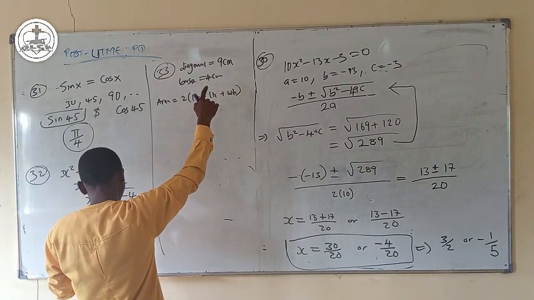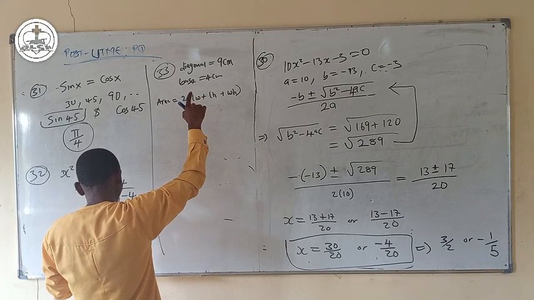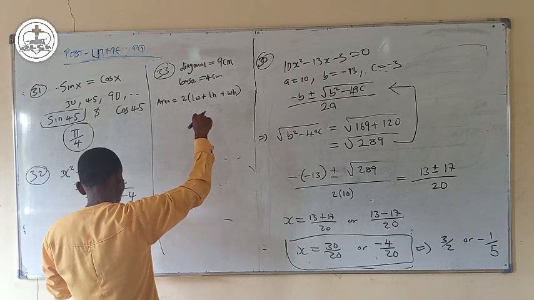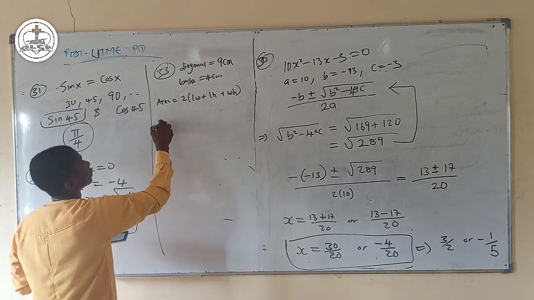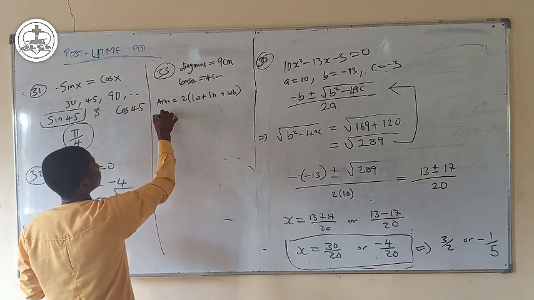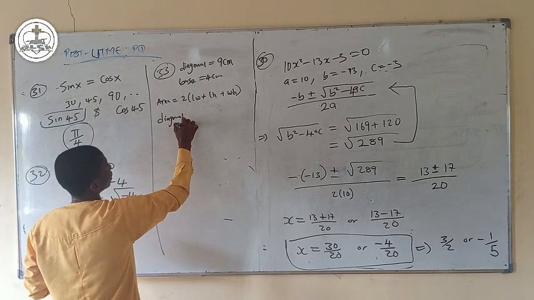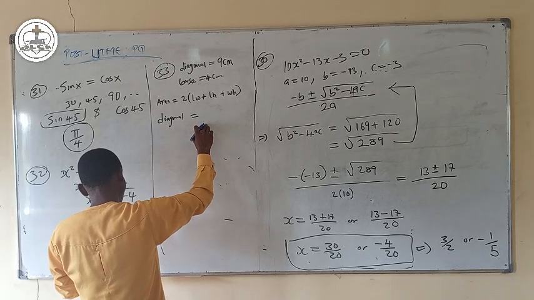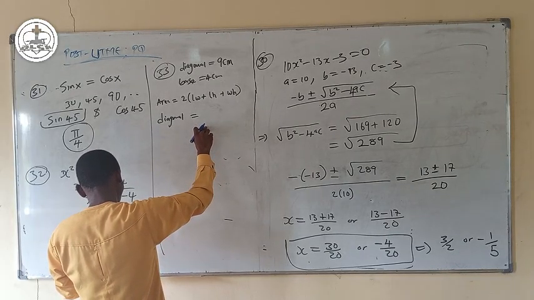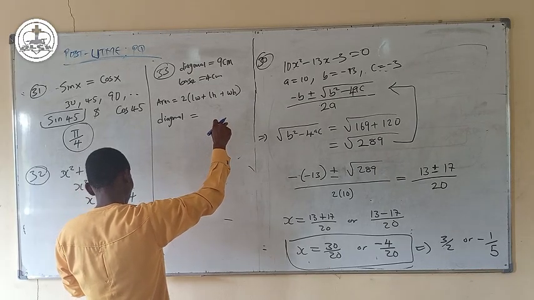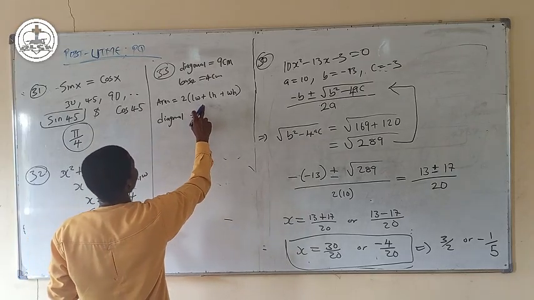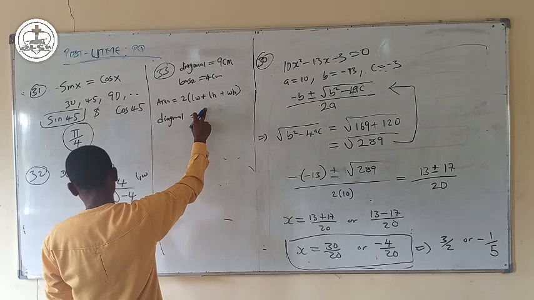Since we are given a diagonal of 9 centimeters and a square base of side 4 centimeters, our diagonal should be in this form.